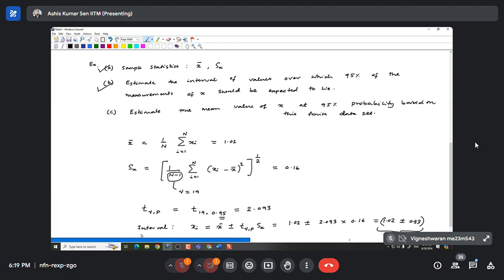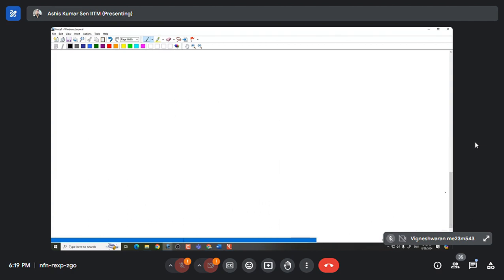Okay. So now the next is we want to estimate the true mean value of x at 95% probability based on this finite data set. So how do we do that? We first find out, your formula is x̄ plus minus Sx divided by the square root of n.